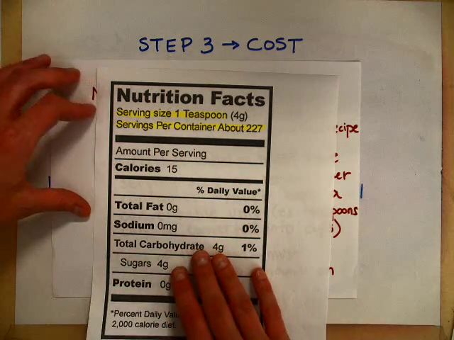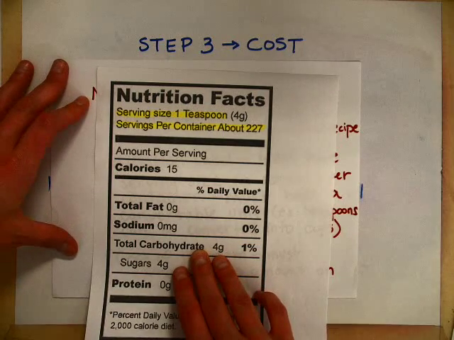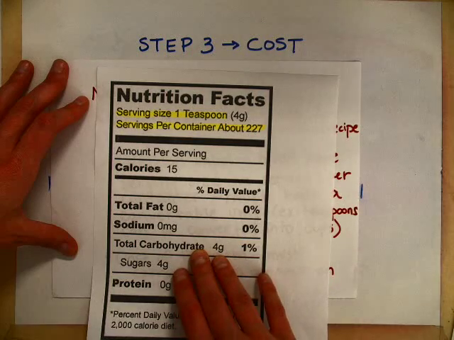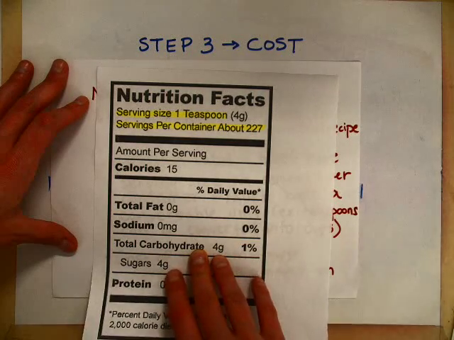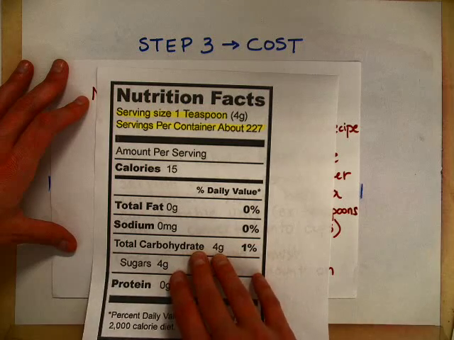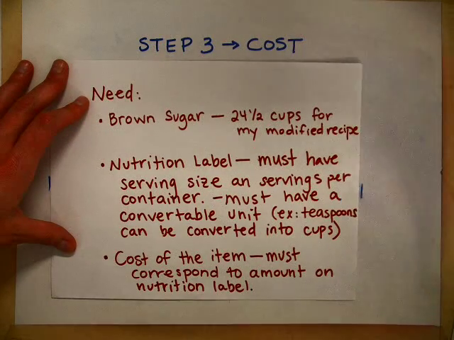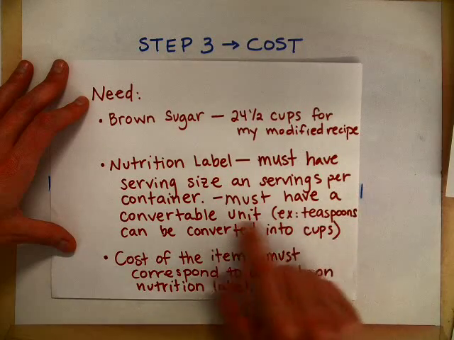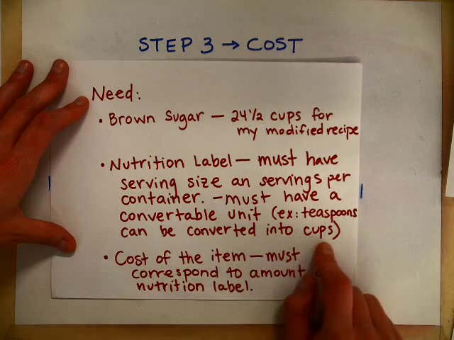I also made that poster with the conversion stuff, so it tells you how many teaspoons are in a tablespoon, how many tablespoons are in a cup, and you can use that information to convert your amounts, I should say. So I wrote example, teaspoons can be converted into cups.